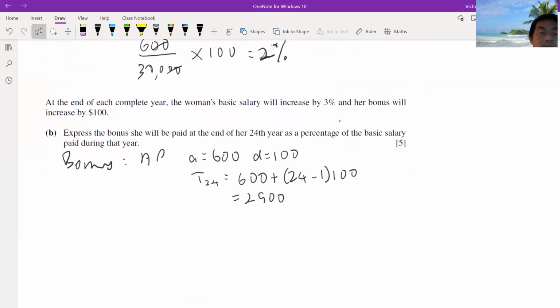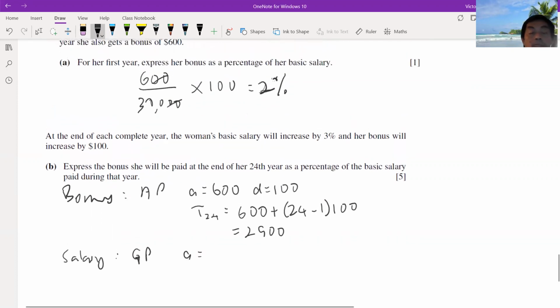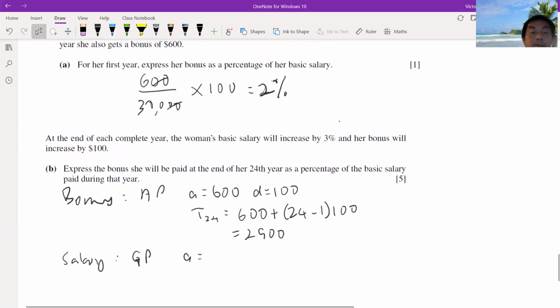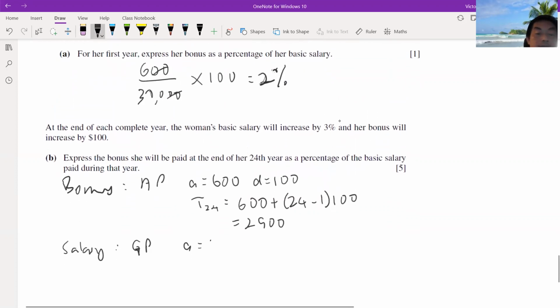Okay. The salary will be a geometric progression. First term, which is the salary, 30,000. The ratio, because it is 3% upwards, will be 1.03.